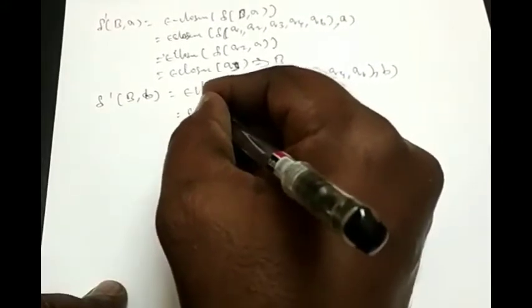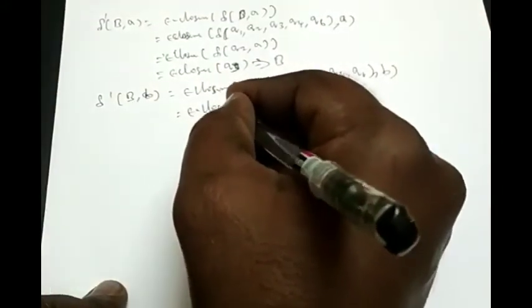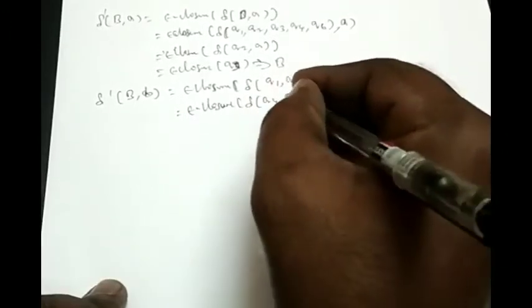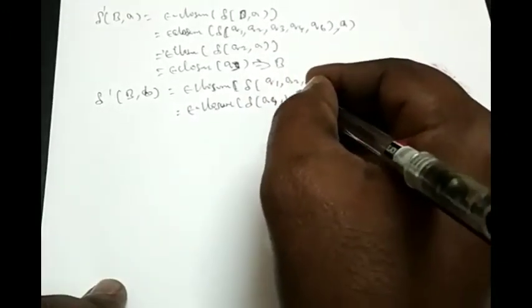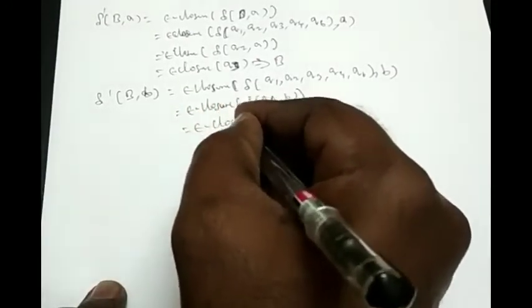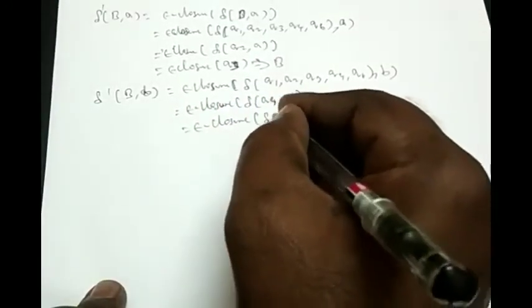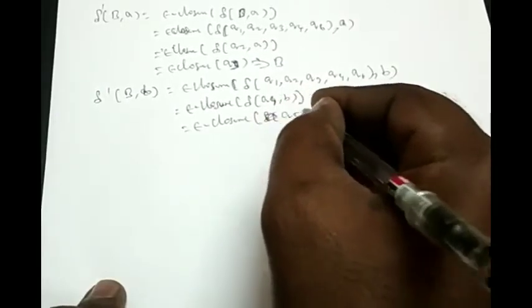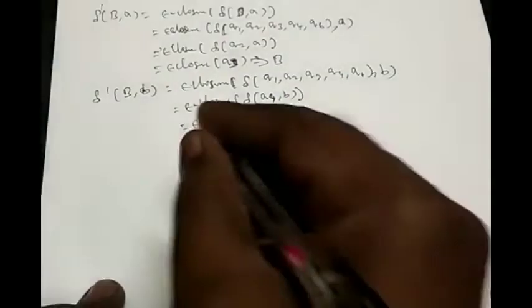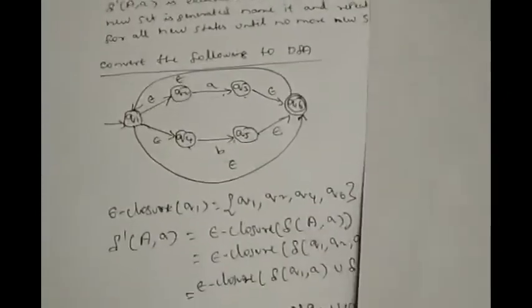So I use epsilon closure delta of q4 comma b, sorry, it is actually q5. Epsilon closure of q5. Whether there is any transition for epsilon closure of q5, just go to the previous state.